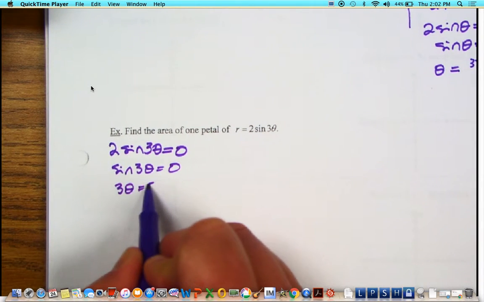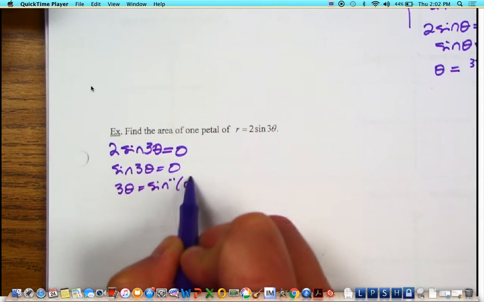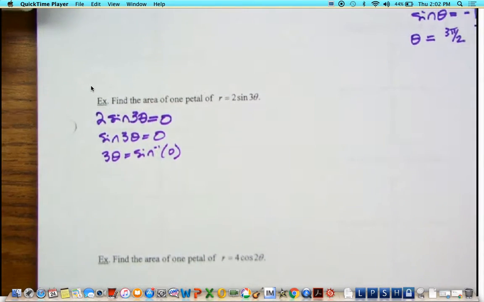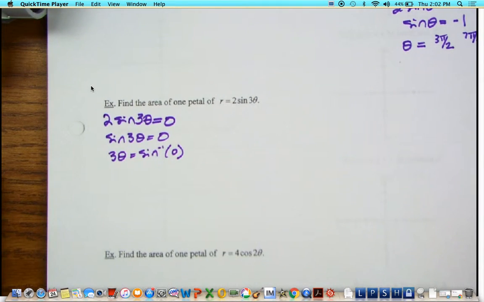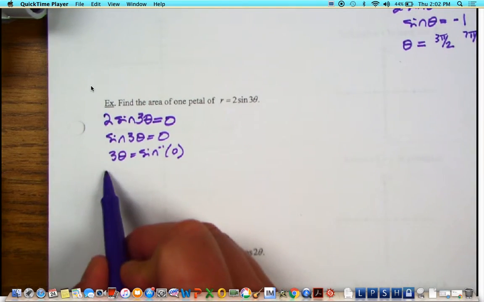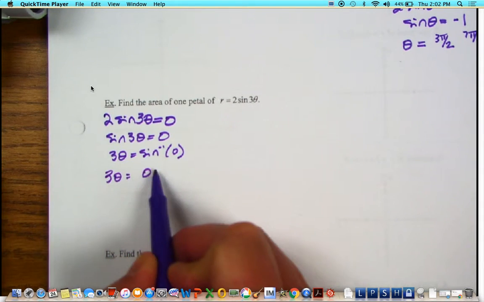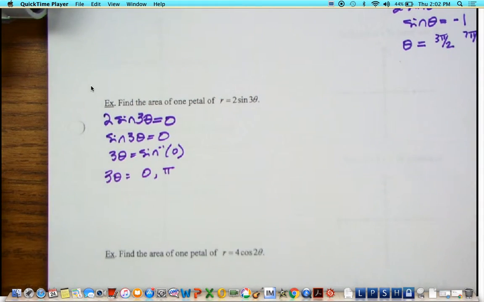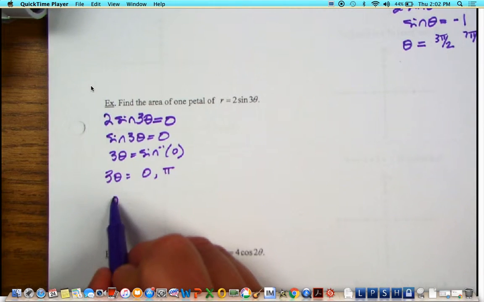So 3 theta equals inverse sine of 0. I need 2 consecutive values always. So give me the first 2 values where sine is 0. 0 and pi, right? So theta is 0 and pi thirds.